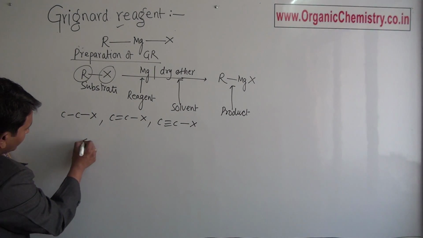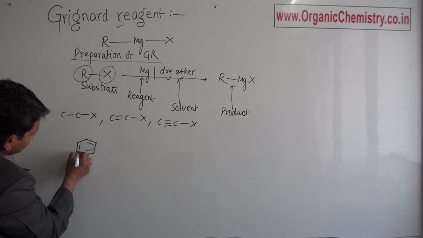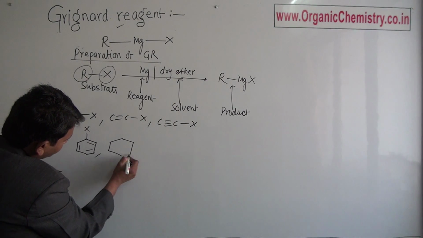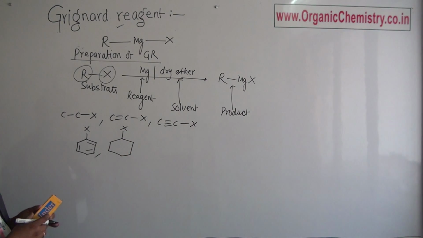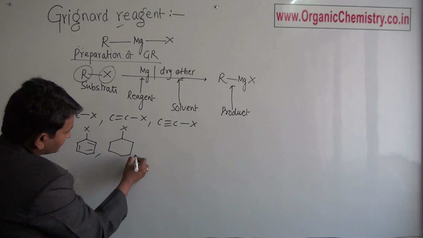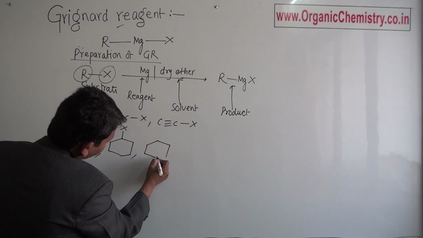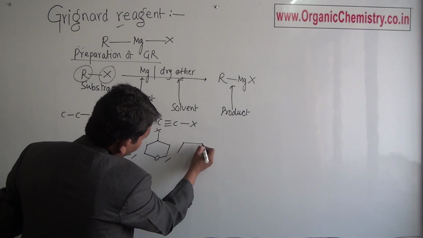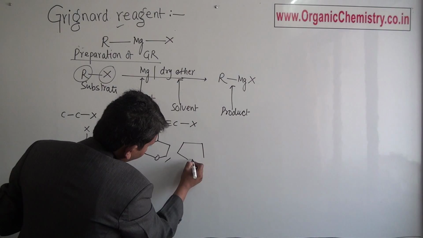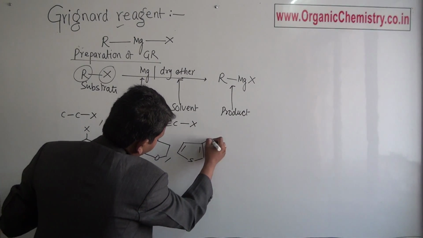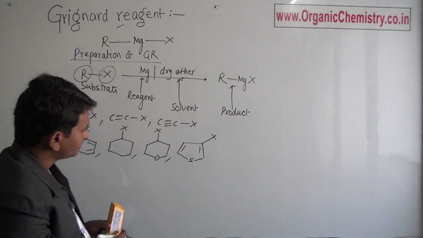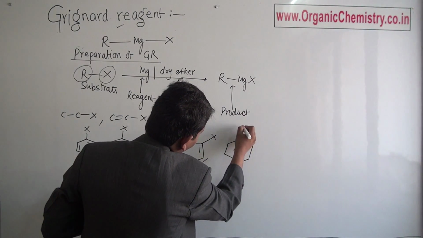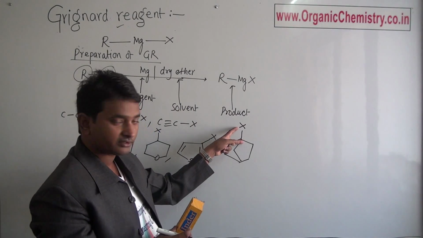This R may be aromatic, aliphatic, alicyclic, or heterocyclic. It may also be at a bridgehead alkyl halide.